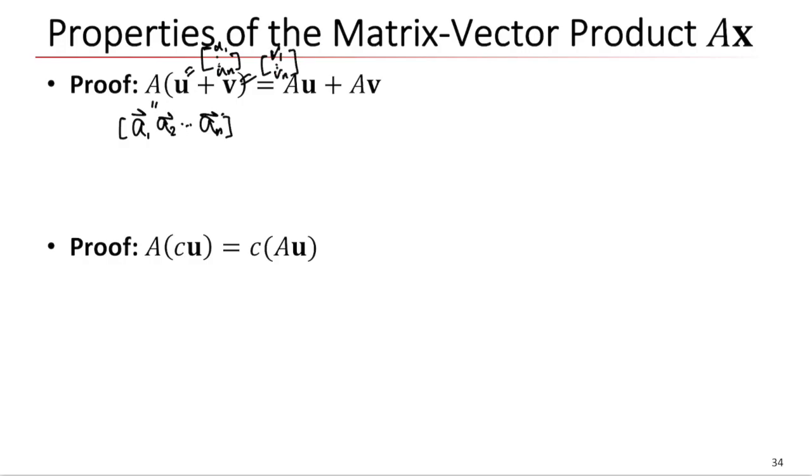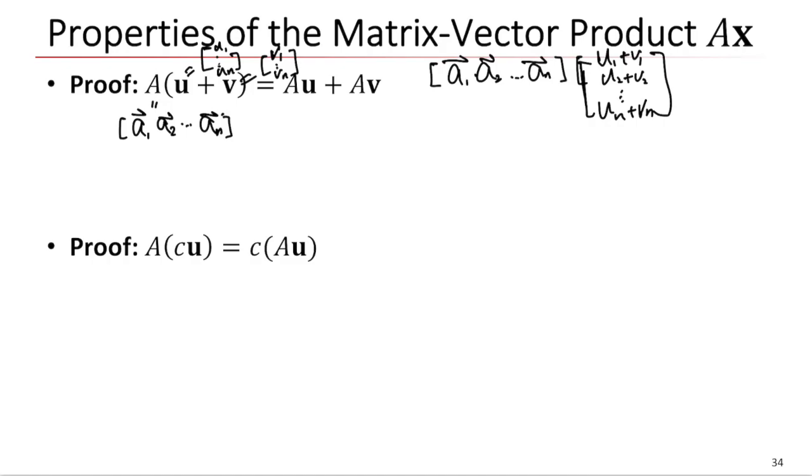Then the left hand side will be A1, A2 through AN with the vector U1 plus V1, U2 plus V2 through UN plus VN, like this.